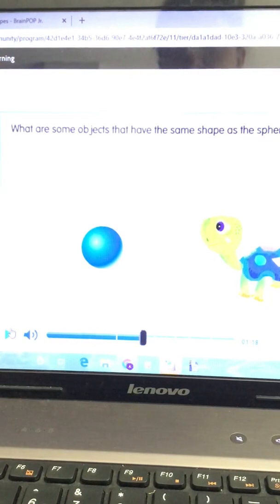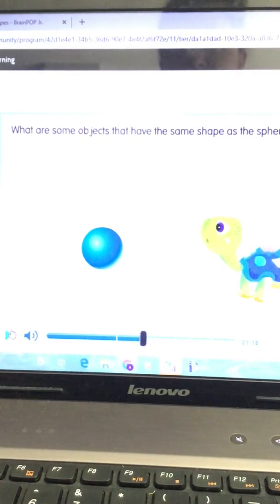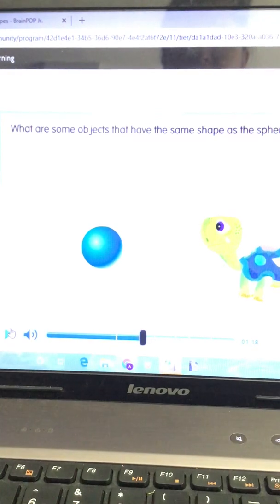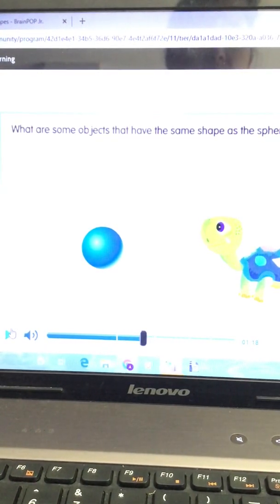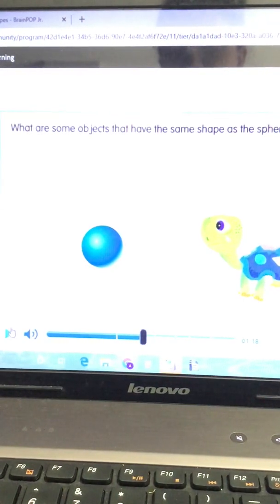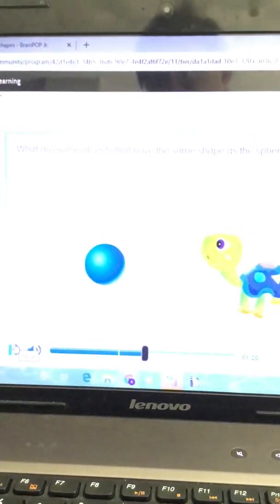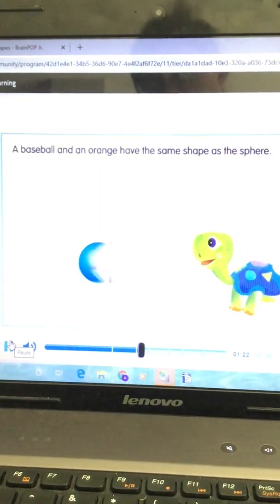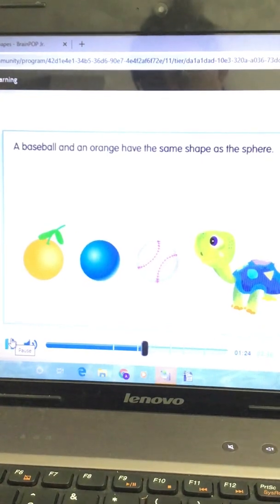Any of those types of balls are spheres. Sometimes a tennis ball. Sometimes you might have grapes. They could be in the shape of a sphere. Think about some other things around you. A baseball and an orange have the same shape as the sphere.